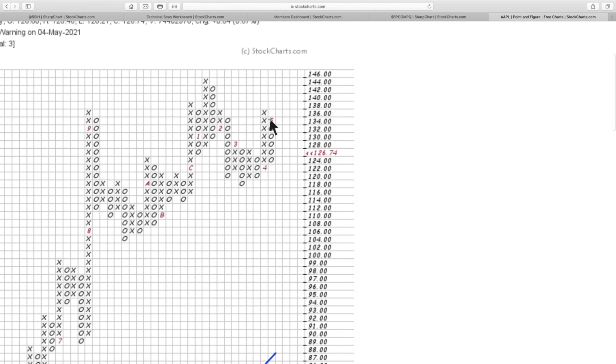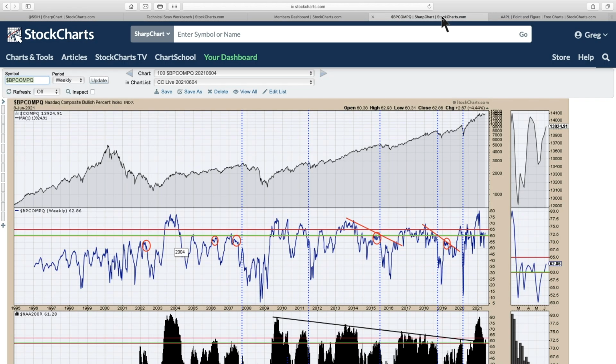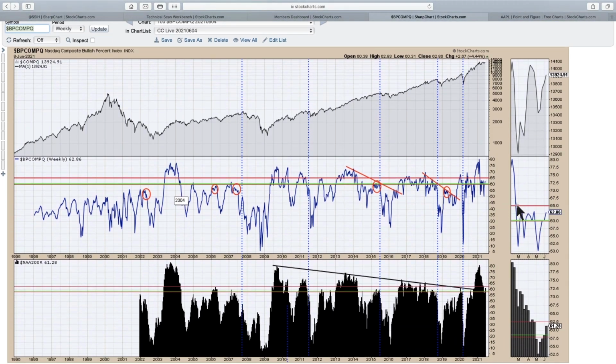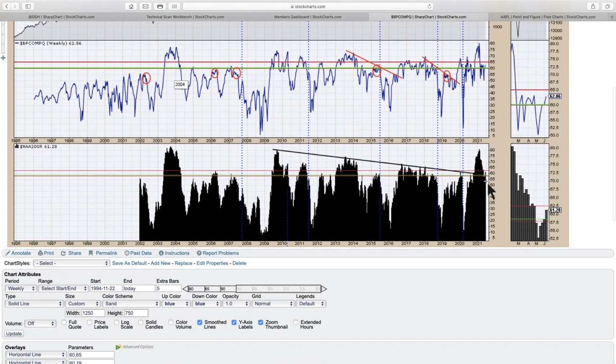Anyway, so what we want to do with that is then we check the whole group. So in this case, we've got all of the stocks on the NASDAQ, and what we see here is 63% of the stocks are on a buy signal. That's still very bullish. And the percentage of stocks above the 200-day moving average is around 61%.